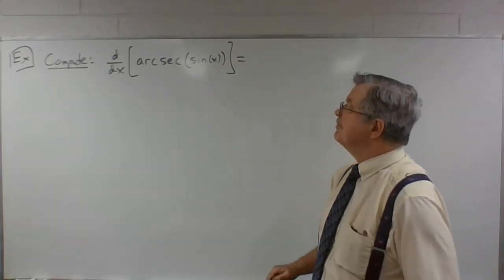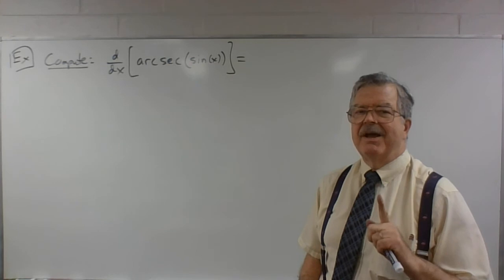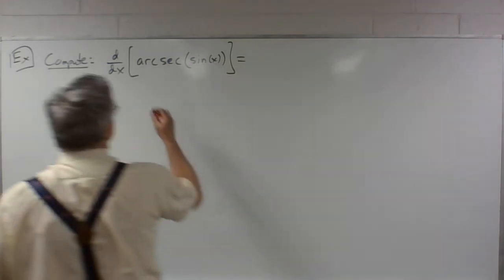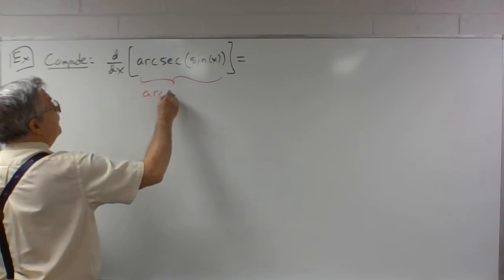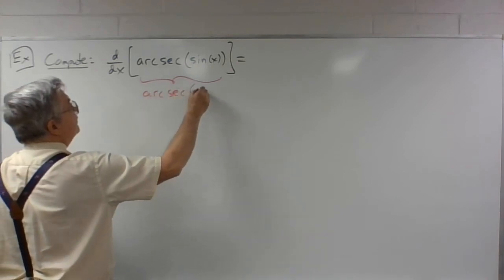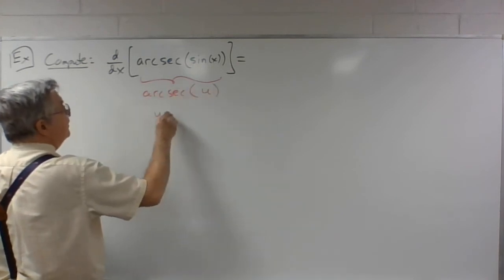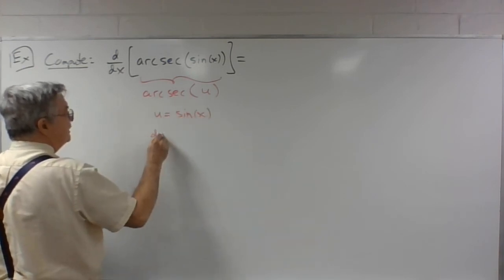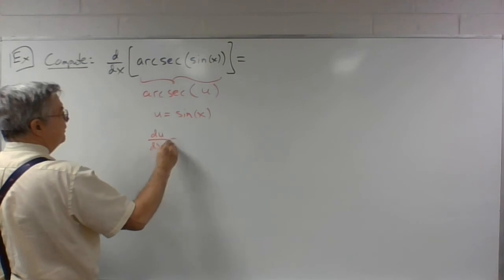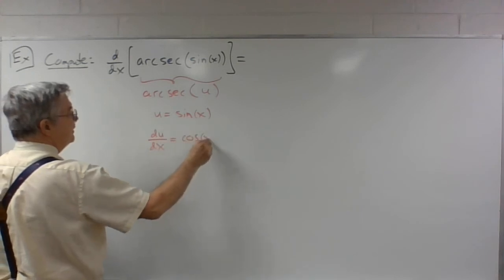Another goodie. Let's write down what we have here. Arc secant of u, where u is sine of x. And let's just write down du dx. We know we're going to need it.